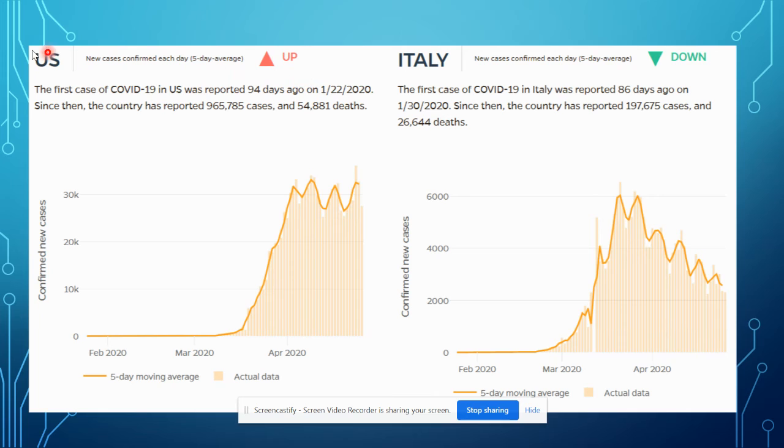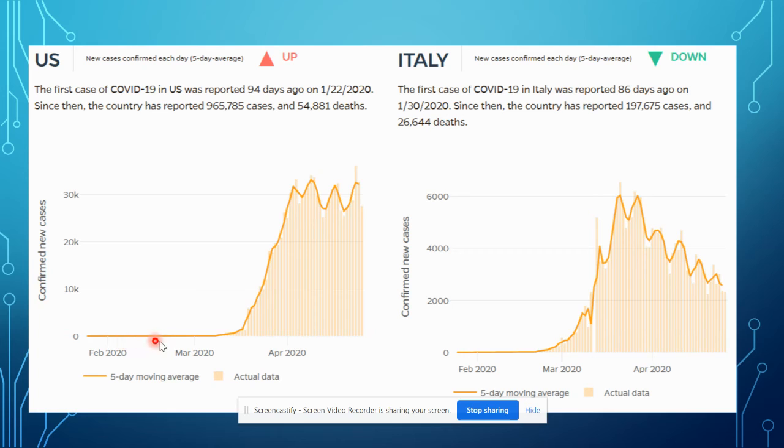And we're comparing the United States to Italy here. So it says the first case of COVID-19 in the US was reported 94 days ago on January 22nd, 2020. Since then, the country has reported 965,785 cases and 54,000 plus deaths.